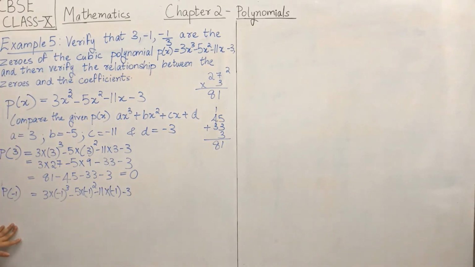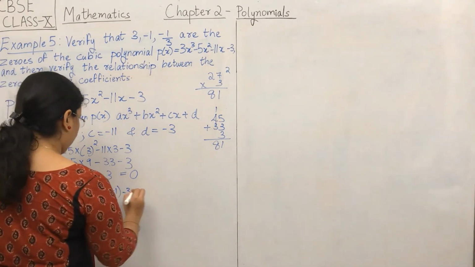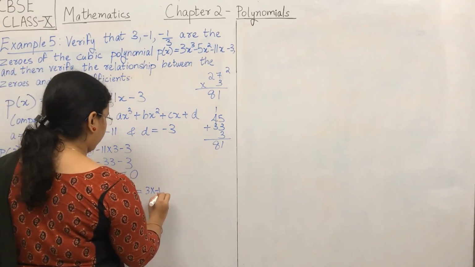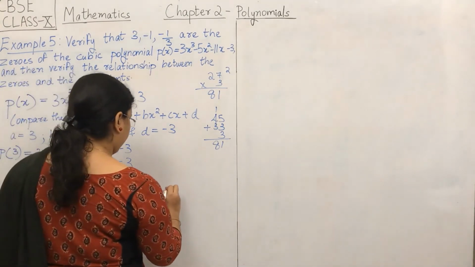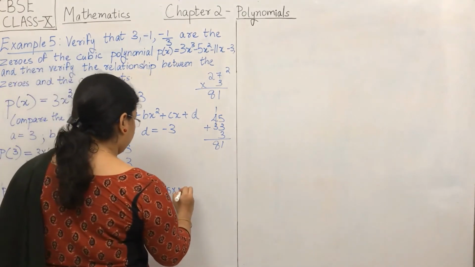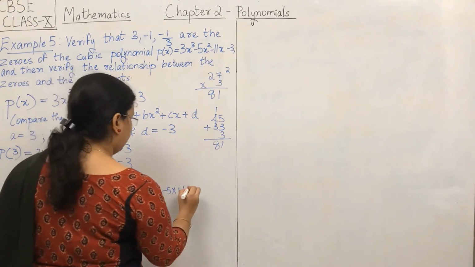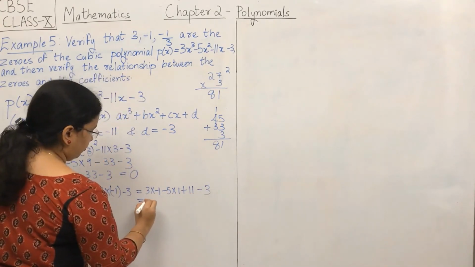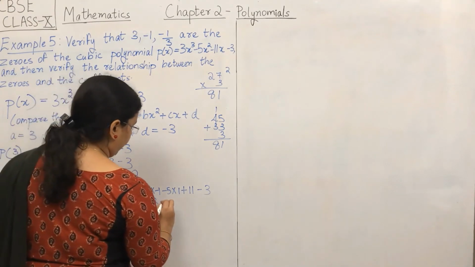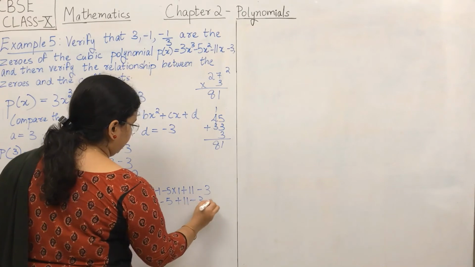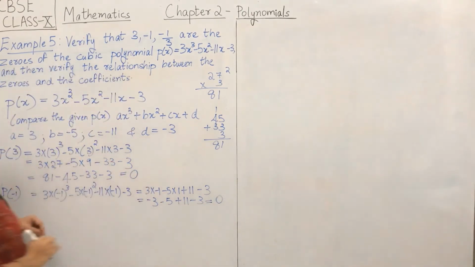Right? 3 into minus 1 the whole cube is 3 into minus 1, minus 5 into minus 1 the whole square plus 1, minus 11 into minus 1 plus 11, minus 3, equal to minus 3 minus 5 plus 11 minus 3, is again equal to 0. So this is also a zero of the given polynomial.